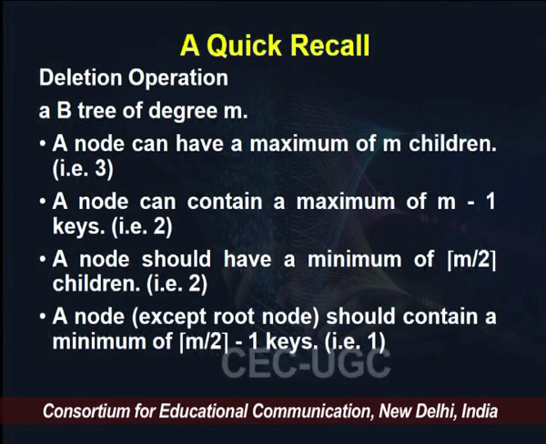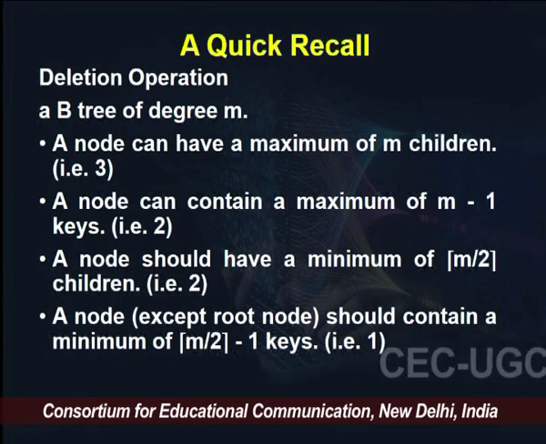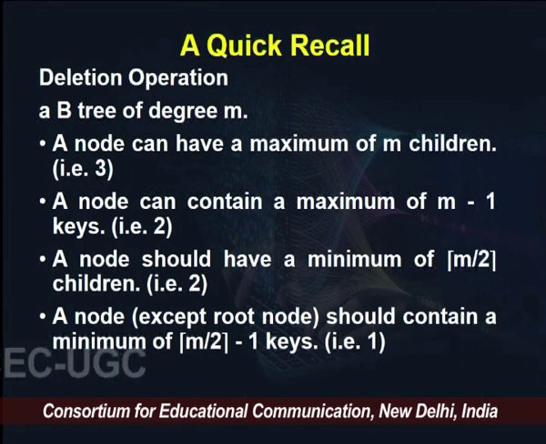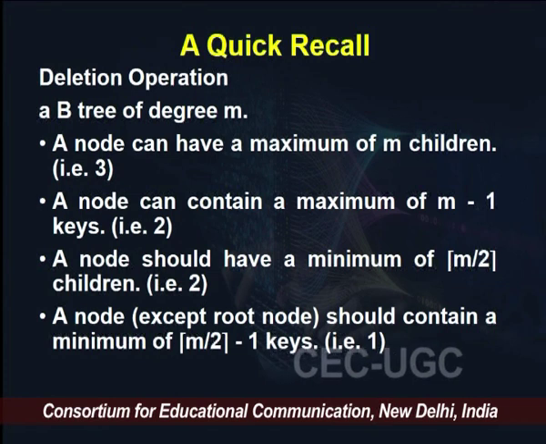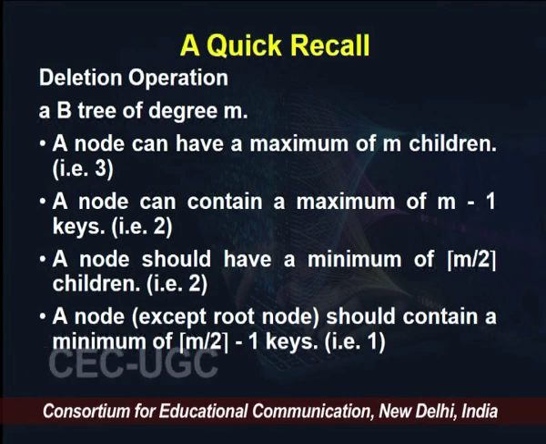So, 3 by 2 is 1.5, but if I take the ceiling of 1.5, it is going to be 2, and a node should contain a minimum of ceiling of m by 2 minus 1 keys, that is 1 in case of 3.